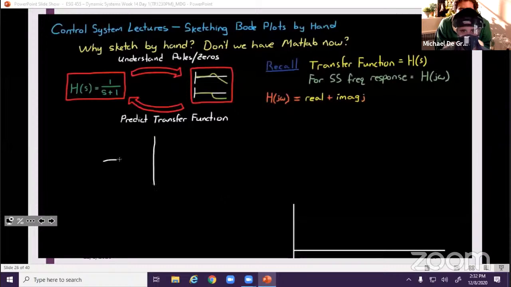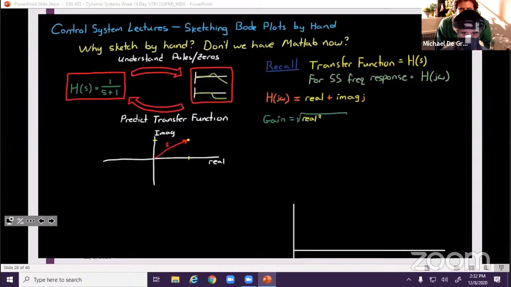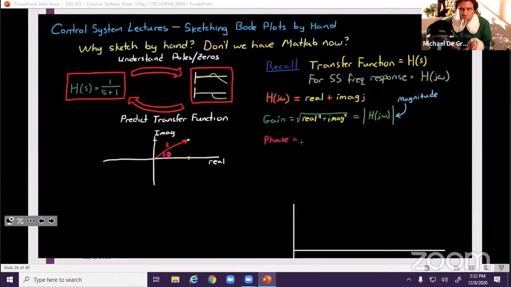If we were to plot this on a real and imaginary axis, where the real component is just drawn on the horizontal line and the imaginary component is drawn on the vertical line, the gain of the transfer function for that particular frequency is just the length of the line from the origin to that point on the real imaginary axis. That can be written as the square root of the real part squared plus the imaginary part squared, or in shorthand notation, you can just put these two vertical lines around it, which means the magnitude of H(jω). And the phase is just the angle of the vector off the positive real line.